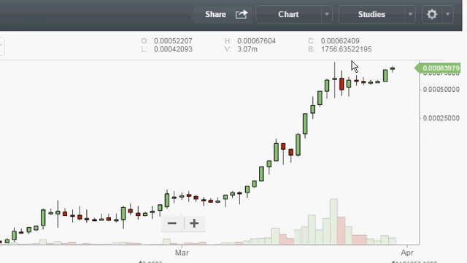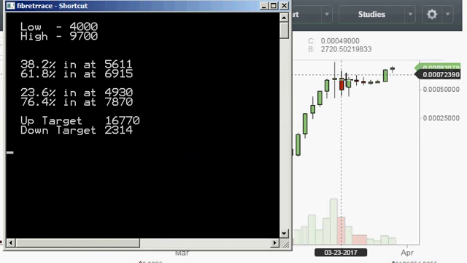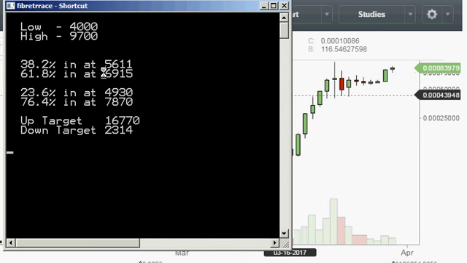Using this example with the 4,000 low and the 9,700 high, this divided by this to the power of 1.618, multiplied by 4,000 again, just happens to work out to 16.7, which is about double from where price action stands right now.